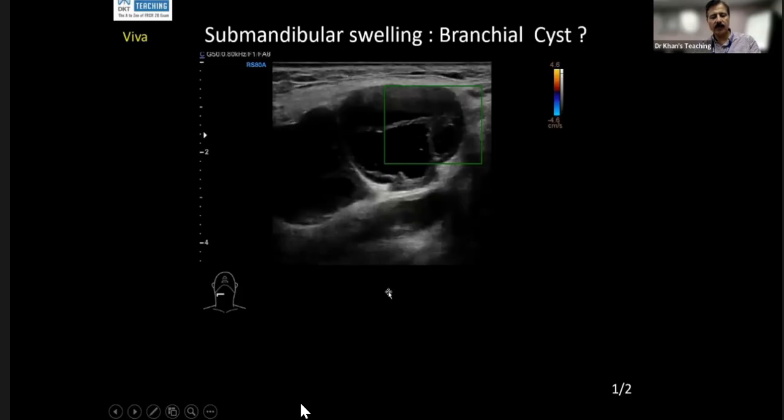And please beware of necrotic lymph nodes. I've seen two or three cases in my career where it was missed, and that is a big miss, because necrotic lymph nodes will be malignant lymph nodes. Look at this on ultrasound. We have got something inside, and is it a branchial cleft cyst?